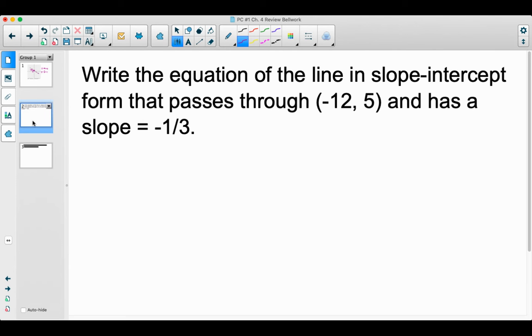So now let's talk about if it is giving us a point and a slope. So again, our end result is y equals mx plus b. And so this is our x and that's our y, and slope is our m.